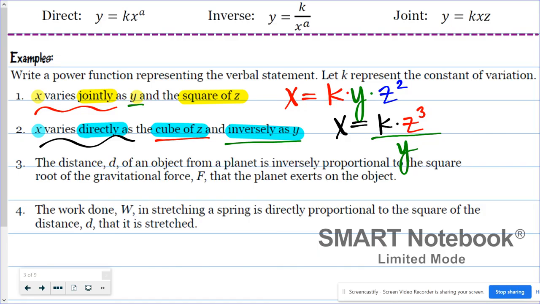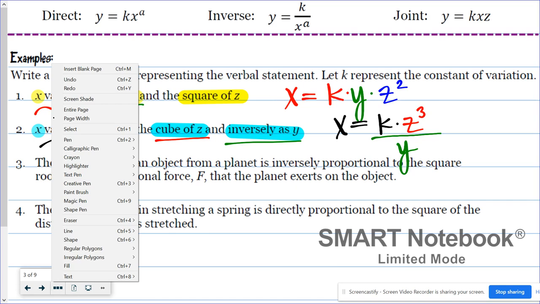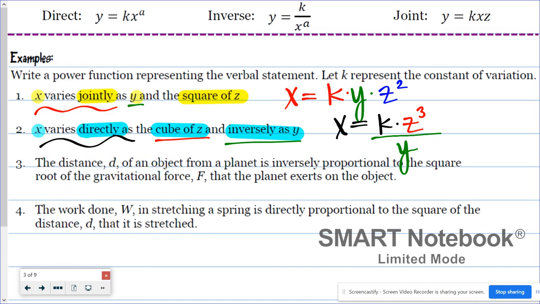So don't let 3 and 4 intimidate you. Yes, there are more words there, but the idea is still the same. In number 3, the distance d of an object from a planet is inversely proportional to the square root of the gravitational force F the planet exerts on the object.